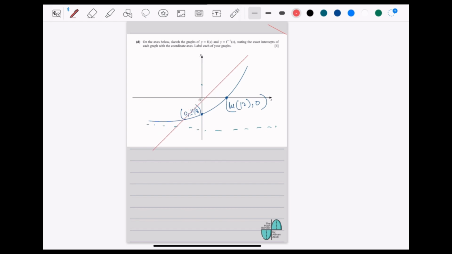So just quickly drawing y equals x, the other function is going to be exactly a mirror. So this value switches, so it becomes 0 comma ln 12, and this value here is going to be negative 11/8 comma 0, and that is it.